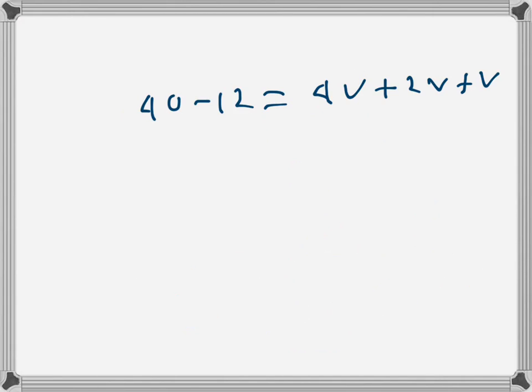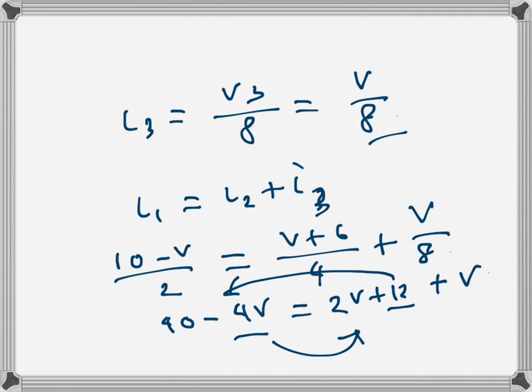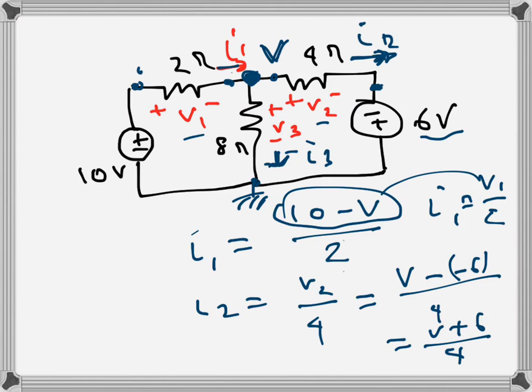So we now get 7V equal to 28. So V is equal to 4 volts. That's what we get. So the voltage at this node is 4 volts.